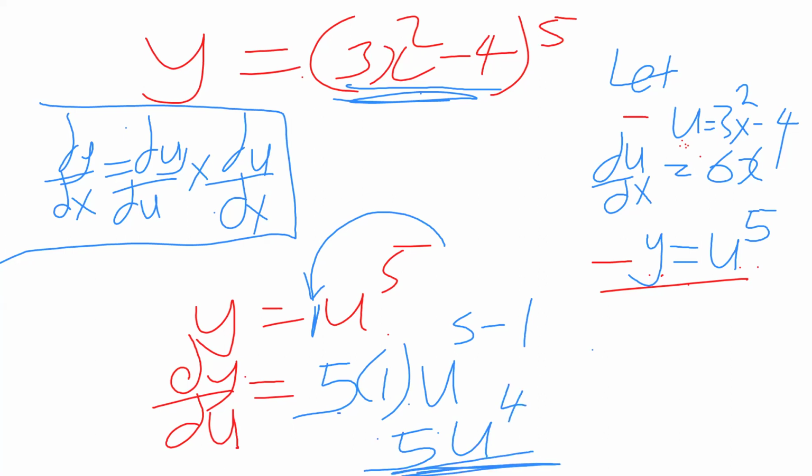The power 4. Is that clear? This is our dy over du, or the derivative of the y function with respect to u. So it's giving us 5u to the power 4. Is there any question from anyone?